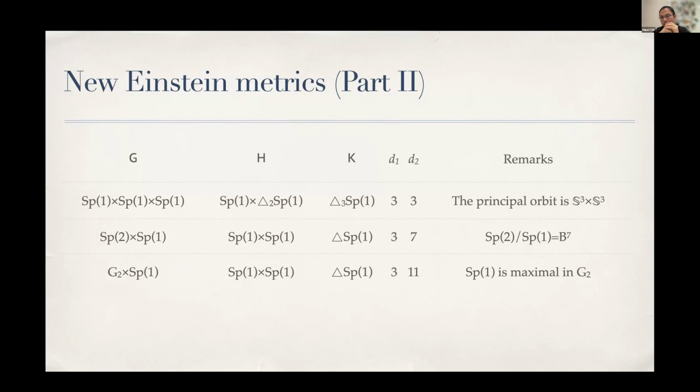But anyway, for these two cases, you can still compute the constant capital A, and we can check that capital A is smaller than chi. Therefore, the cohomogeneity one Einstein metric exists.